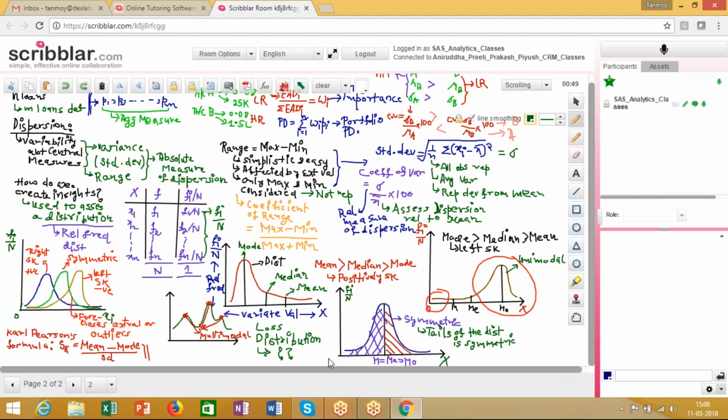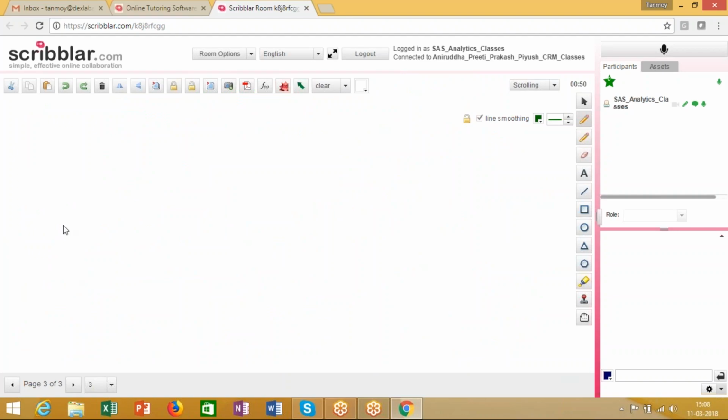If I want to understand how the loss distribution would look, let us try to understand the loss structure of a bank. Start off with the loss distribution.